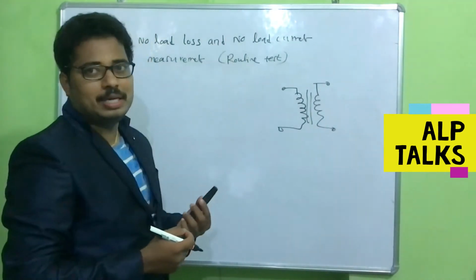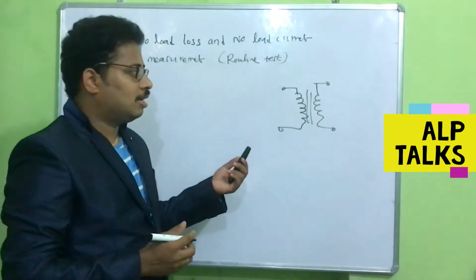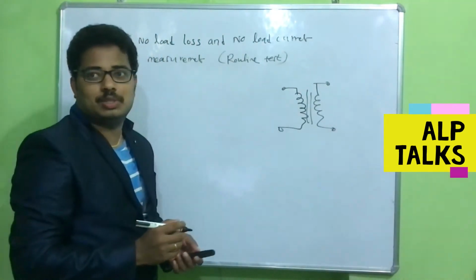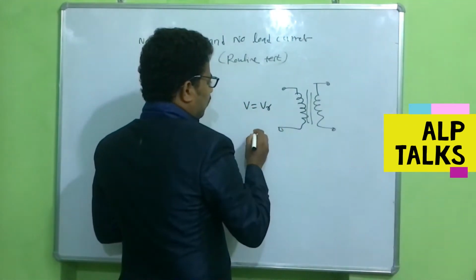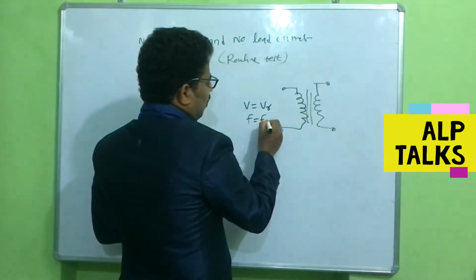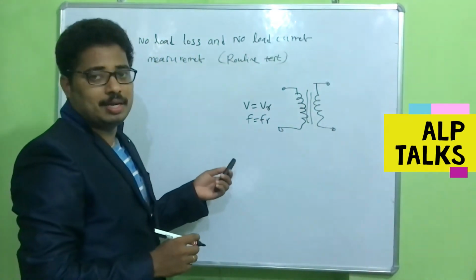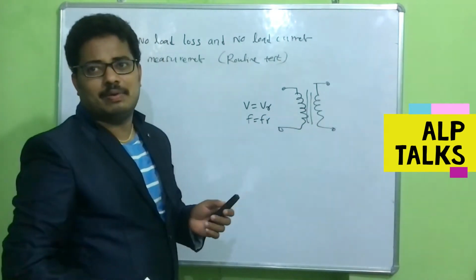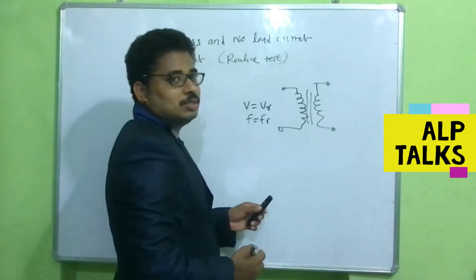What we will do is apply rated voltage to one of the sides, and rated frequency, on one side of the winding, and all other circuits, however many there may be, we will just keep open circuit.